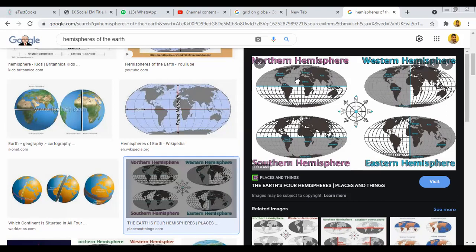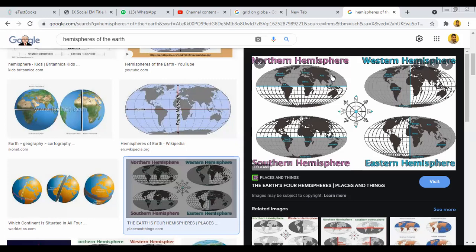Each has a number: 1, 2, 3, 4, 5, up to 90. So out of these 90 on the north side, except the equator, we can consider 2 more important latitudes. One is Tropic of Cancer. It is located at 23.5 north latitude, which means it is between the 23 and 24 latitudes. That's why it is mentioned as 23.5 latitude.